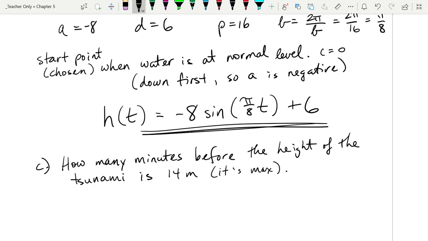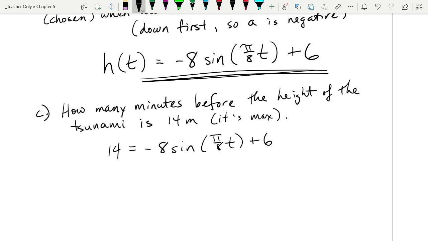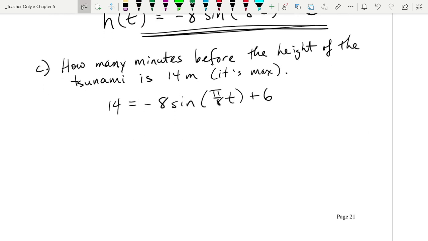So what's the algebra here? Height is this part of the equation right here, right? This is my height. So that's where I'm going to plug in my 14. And now I do algebra. So I'm going to let theta be this complicated part.